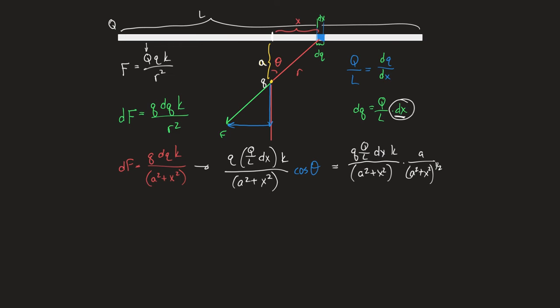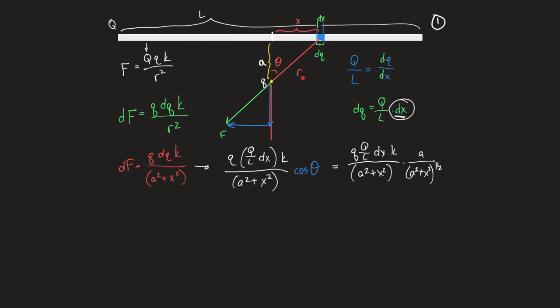We first identified the shape and size of our object. We found a way to describe one piece of the object. We broke the object up into small pieces and therefore found a way to describe how much charge each piece had in terms of its size.